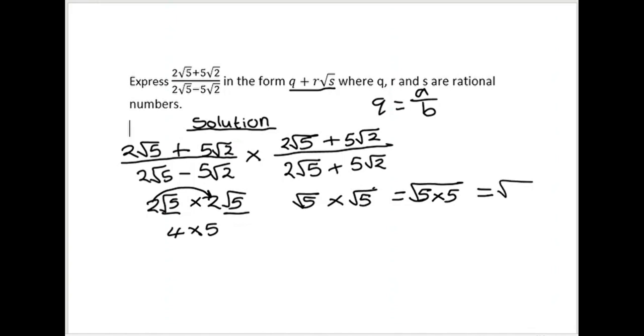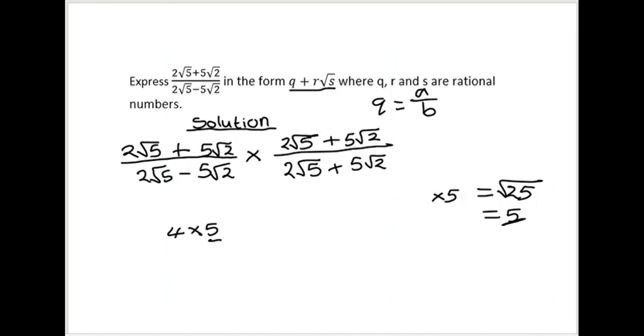And then 5 times 5 is 25. The square root of 25 is 5. So that's our answer, 5, and I wrote it down here. So I have my first simplification as 4 times 5.